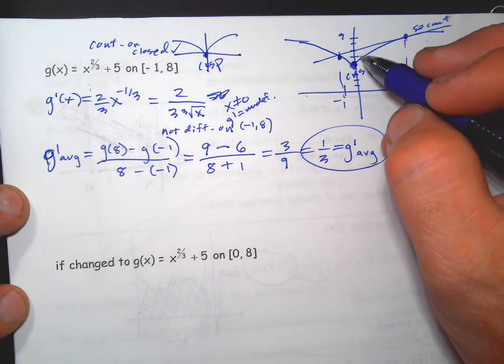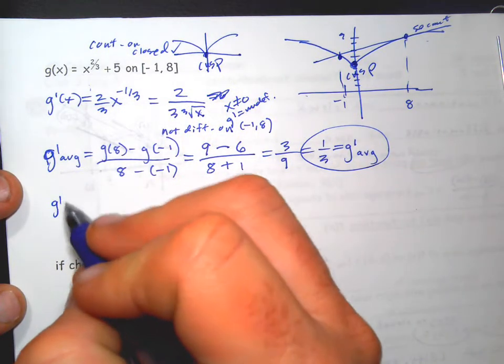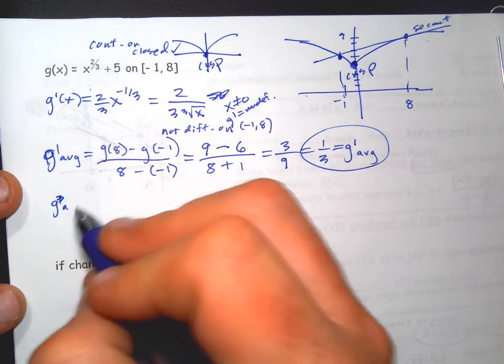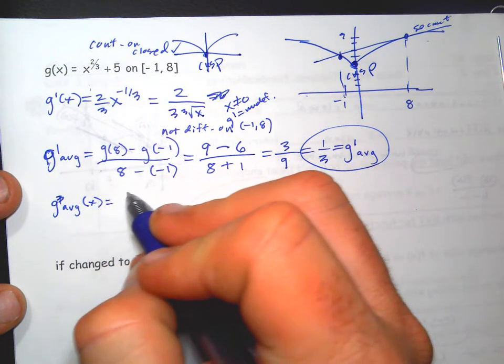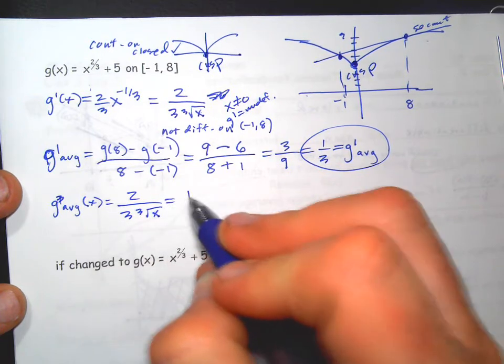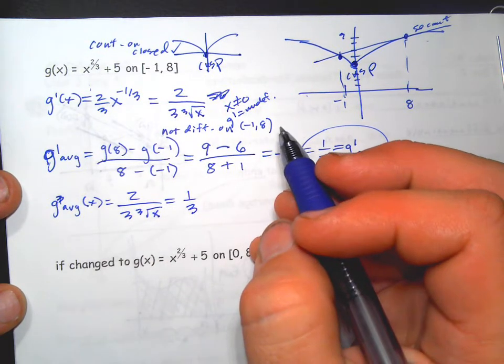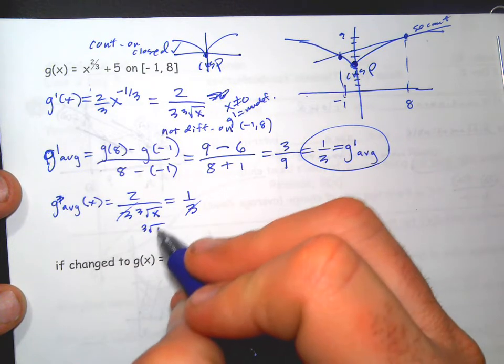So that whole thing, and you could try and solve for it. So you could get an answer. You could do G prime of x equals 2 over 3 cube root of x, and set it equal to the average slope. We could multiply 3 by both sides. We could flip both sides over.